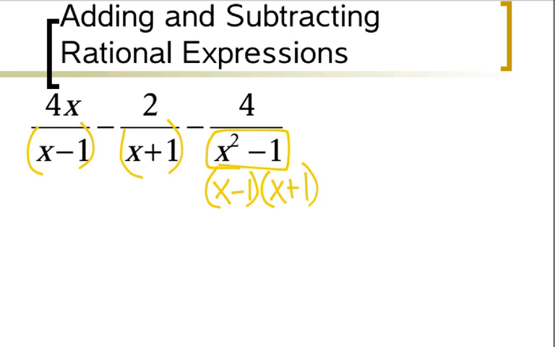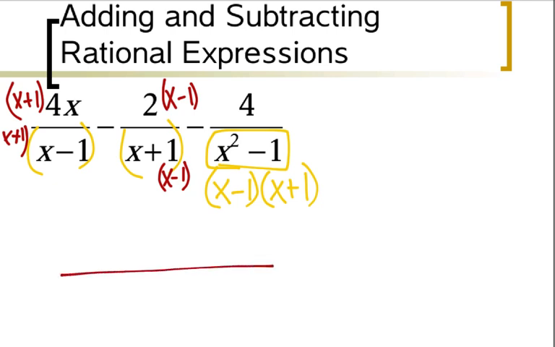And so what that means is that this first fraction needs an x plus 1 to the top and the bottom. The second fraction needs an x minus 1 to the top and bottom. And now they all have the same denominator. So I can write it all over the same denominator of x minus 1 times x plus 1.